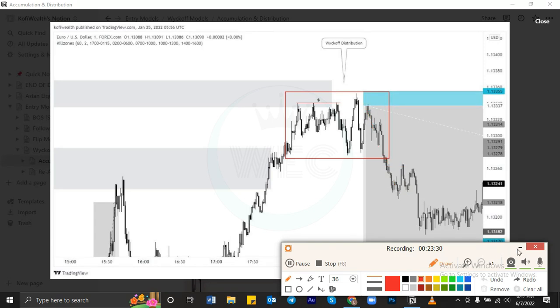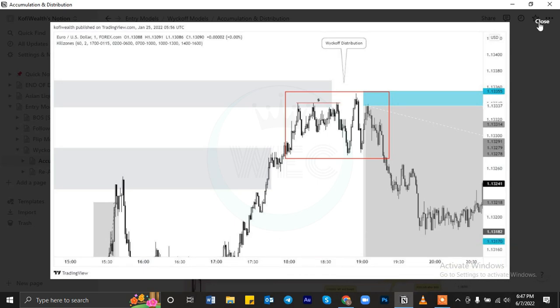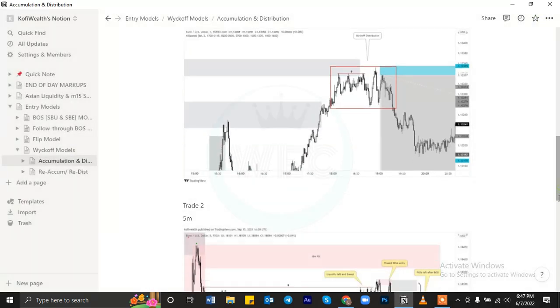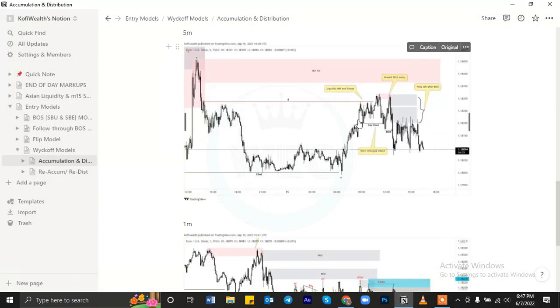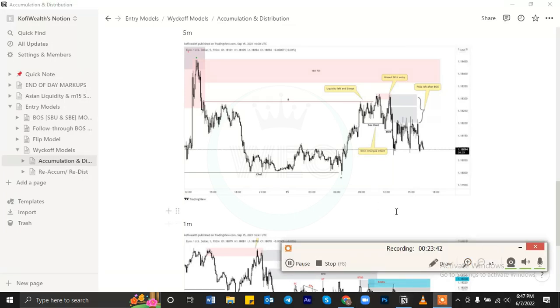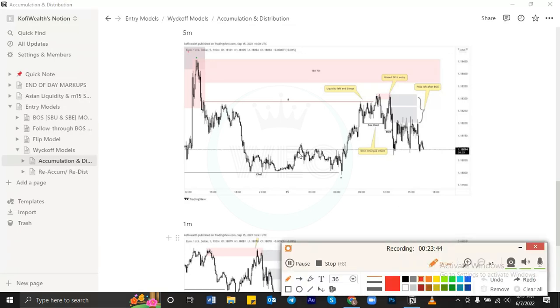Let's see if we can get another example. I think there is. Yeah, so in here also we have another distribution example, right? So price had made a break of structure to the downside on the 5-minute.